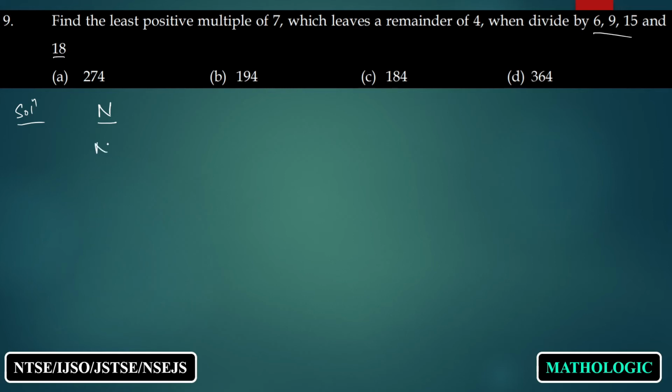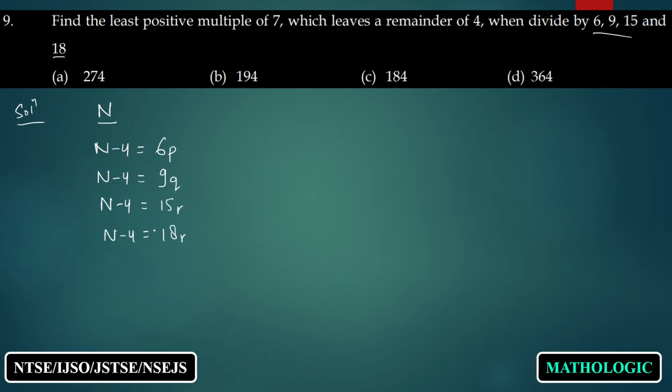Means n minus 4 will be completely divisible by 6. I can write it as 6p, where p is the quotient here. So n minus 4 is divisible by 9, so 9q. n minus 4 is also divisible by 15, so 15r, and n minus 4 is also divisible by 18, so it is 18s.